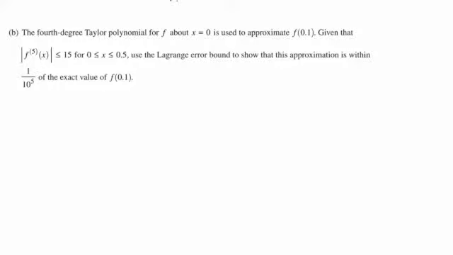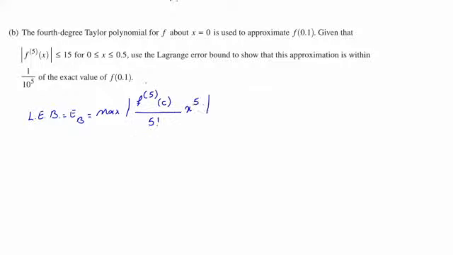Okay, so the Lagrange error bound, if we want to calculate this, is equal to the maximum of the fifth derivative of c over 5 factorial times x to the 5.